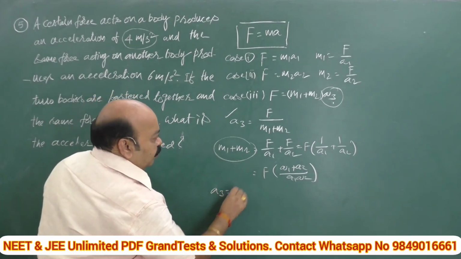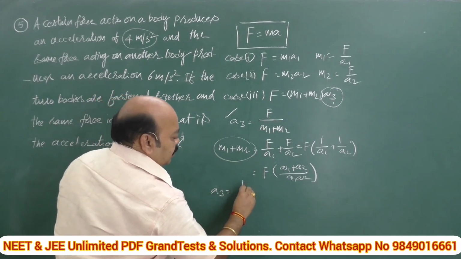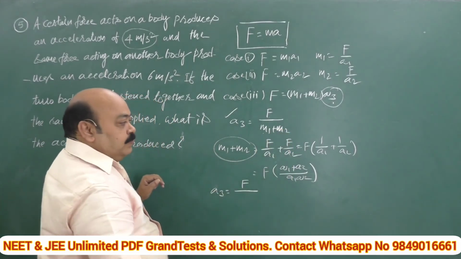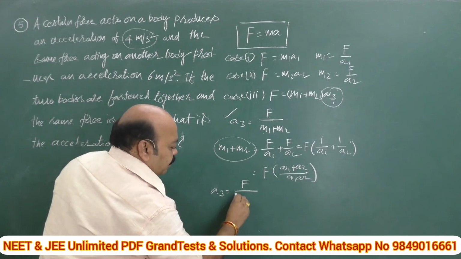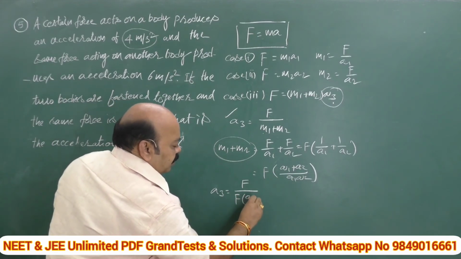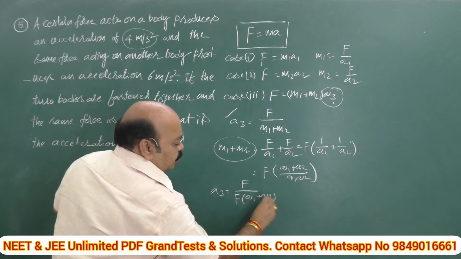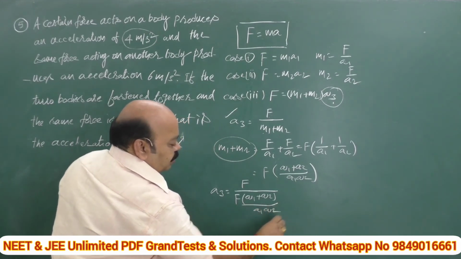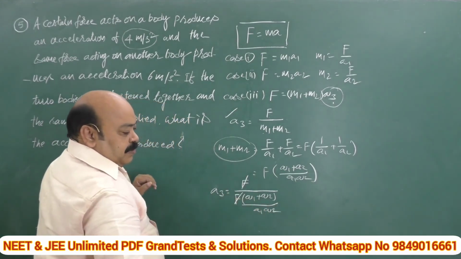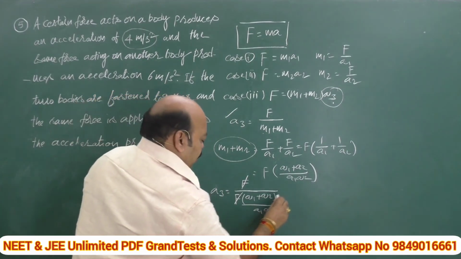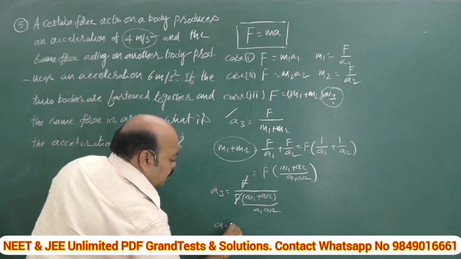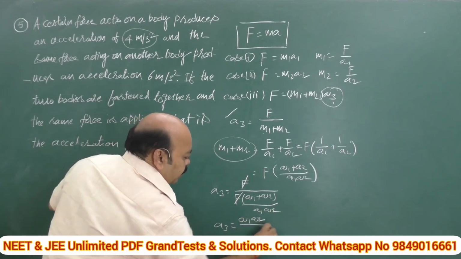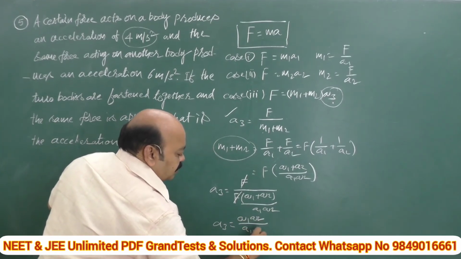Same thing I am going to do to calculate the acceleration of the third case. A3 is equal to F by, what is the m1 plus m2 value? Total mass, F bracket begins a1 plus a2 divided by a1 a2. Simply, similar terms get cancelled, and this a3 is nothing but a1 a2 by a1 plus a2.